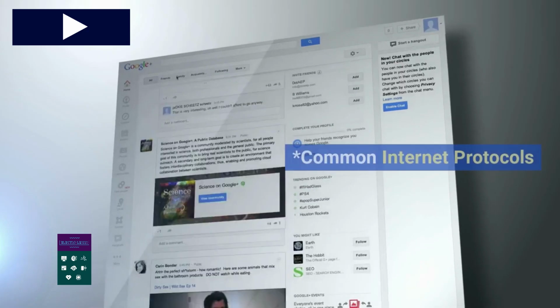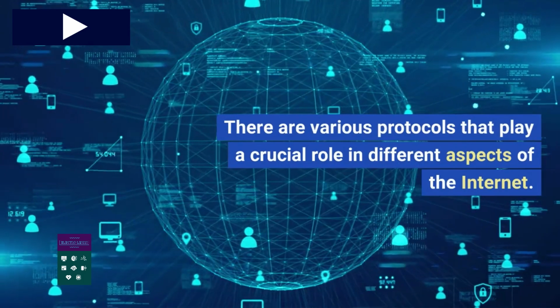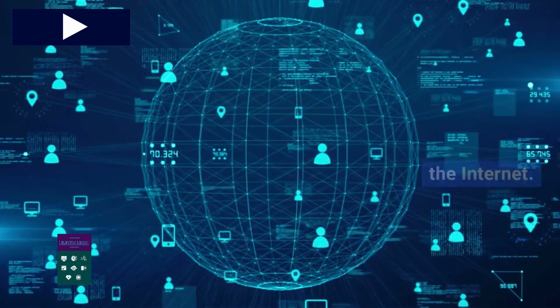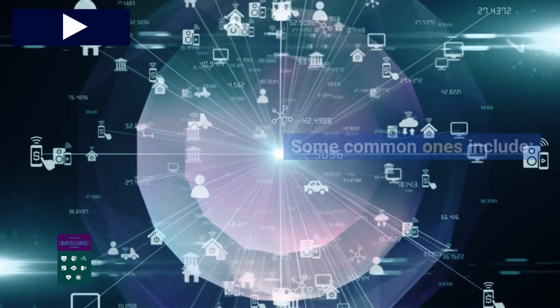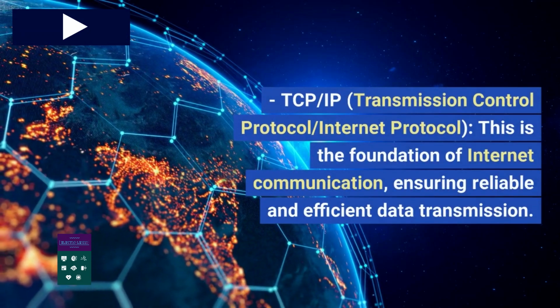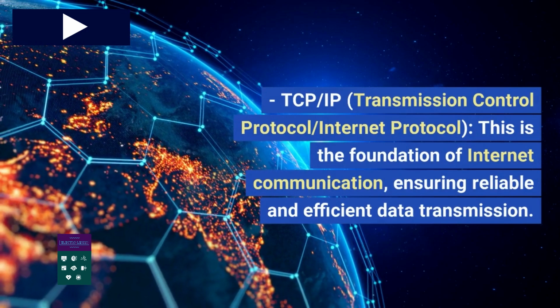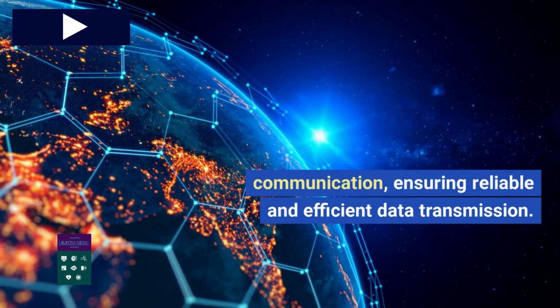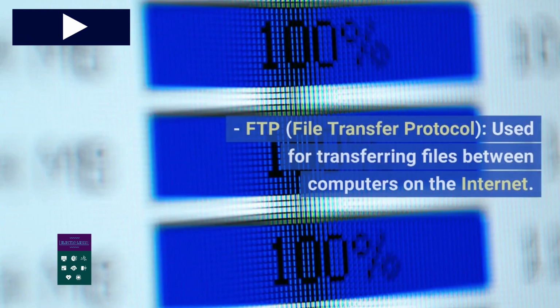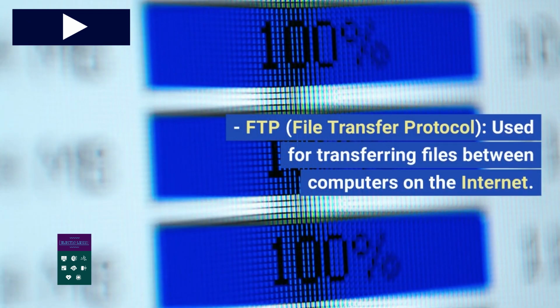Common Internet protocols. There are various protocols that play a crucial role in different aspects of the Internet. Some common ones include TCP/IP, Transmission Control Protocol, Internet Protocol. This is the foundation of Internet communication, ensuring reliable and efficient data transmission. FTP, File Transfer Protocol, used for transferring files between computers on the Internet.